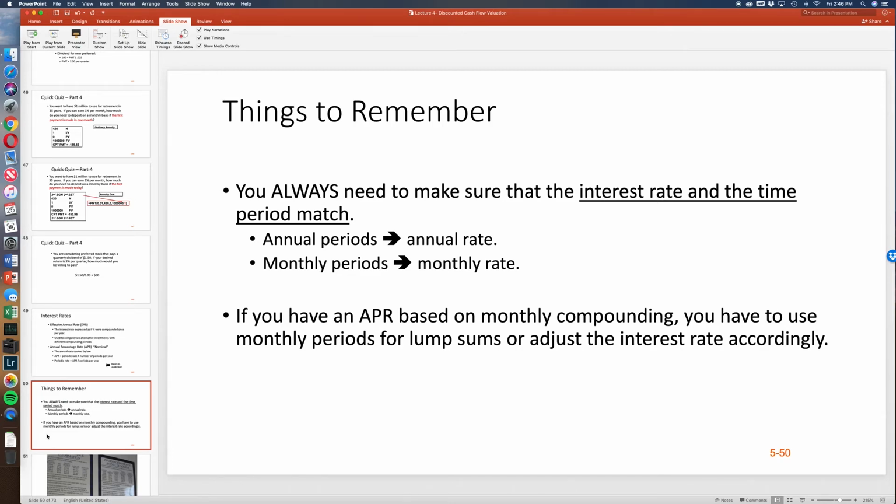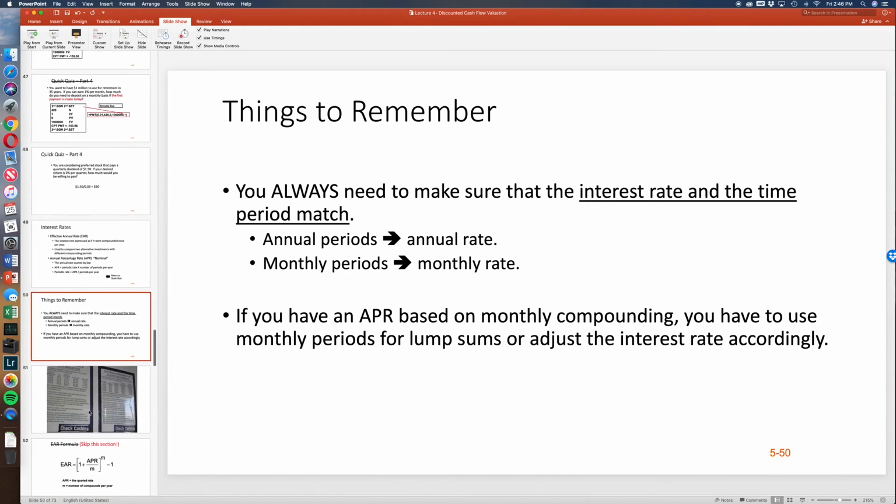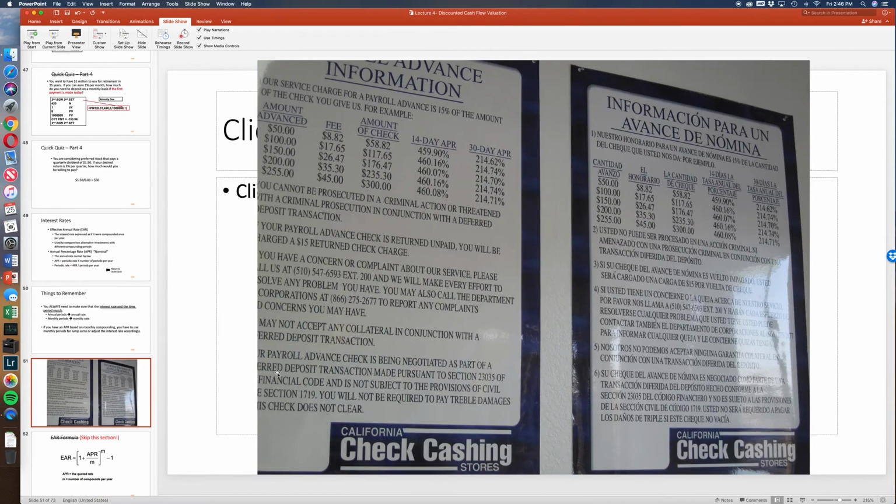This is a real world example from a check cashing service. Those shops are quite popular in all the cities here in the United States.